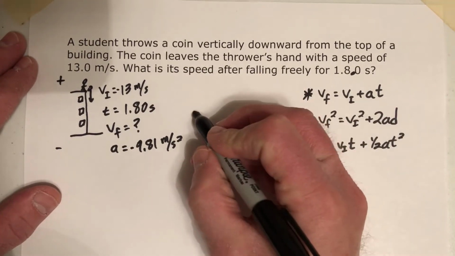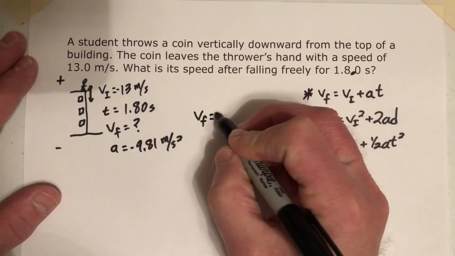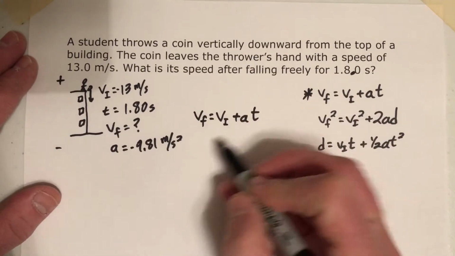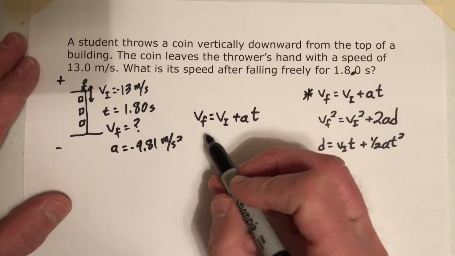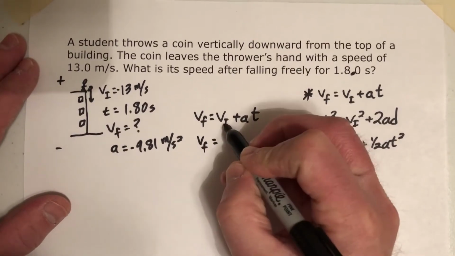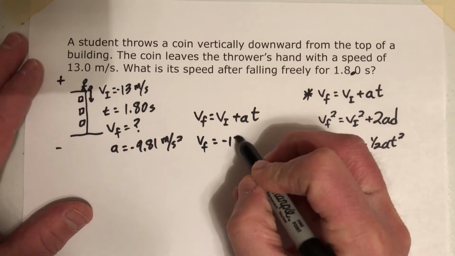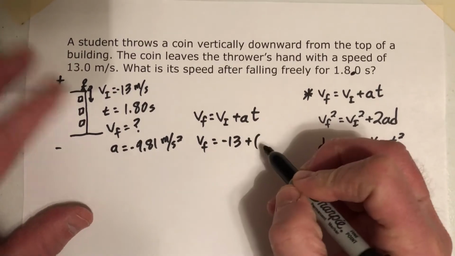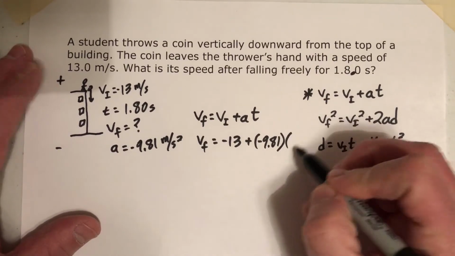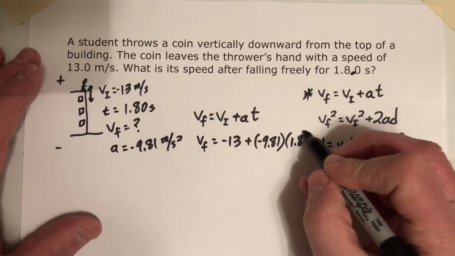So I'm going to rewrite it. VF equals VI plus AT. So now we just plug our numbers in. The final velocity, or VF, that's what we're trying to find. Our initial velocity is negative 13, plus our acceleration is negative 9.81, times time, which is 1.8.